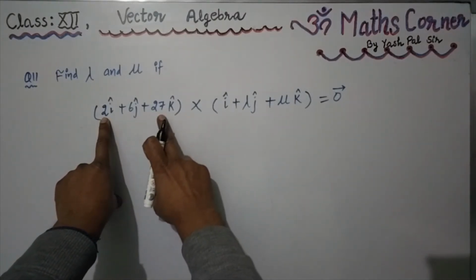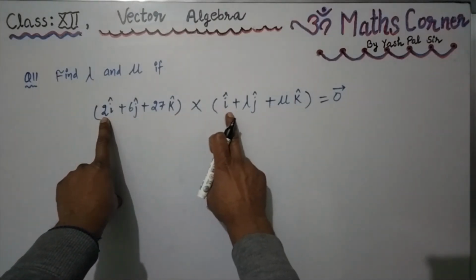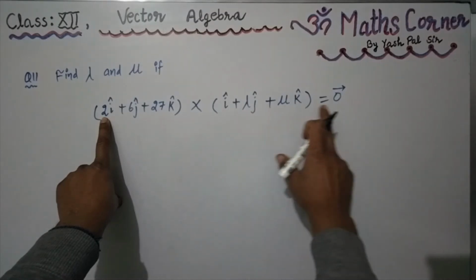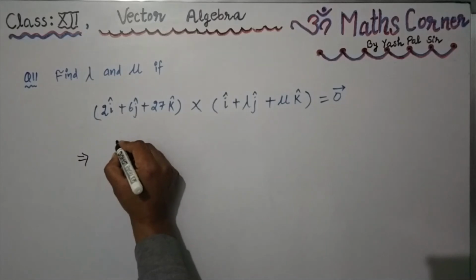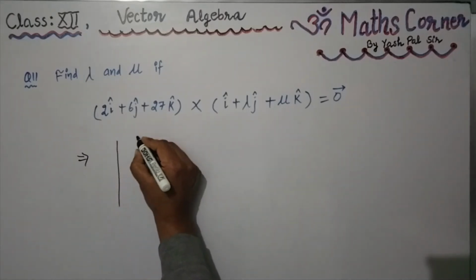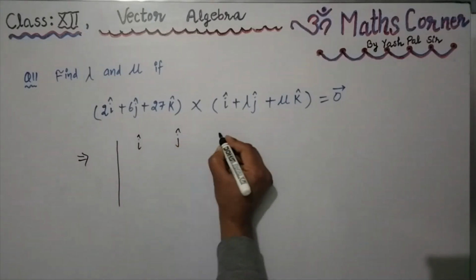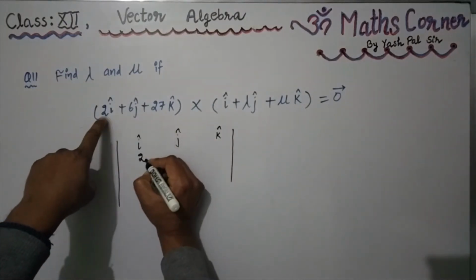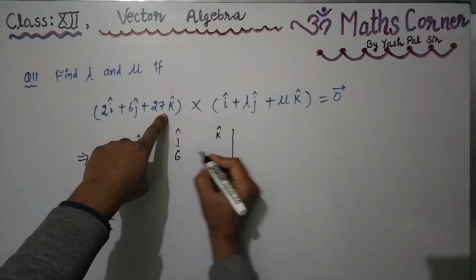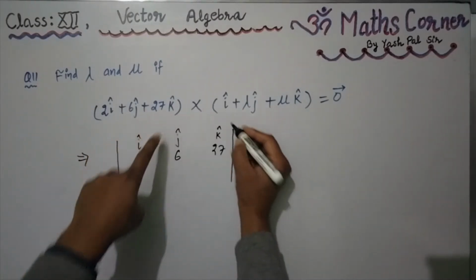Now question number 11. Find the values of lambda and mu if the cross product of 2i plus 6j plus 27k and i plus lambda j plus mu k is the zero vector. So this we can write with i, j, k.